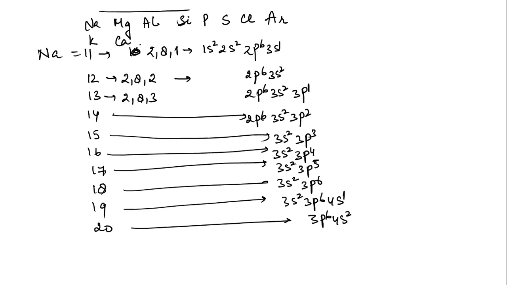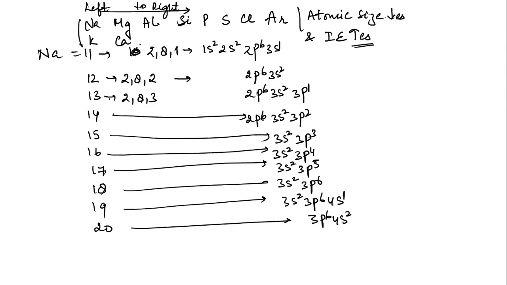Now, if we are moving from left to right, atomic size decreases, and hence ionization energy increases. Remember that pattern? From top to bottom also the same thing.